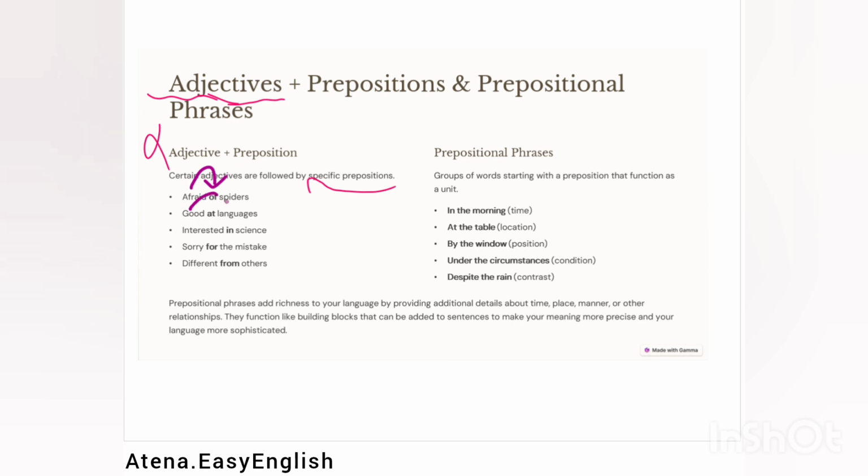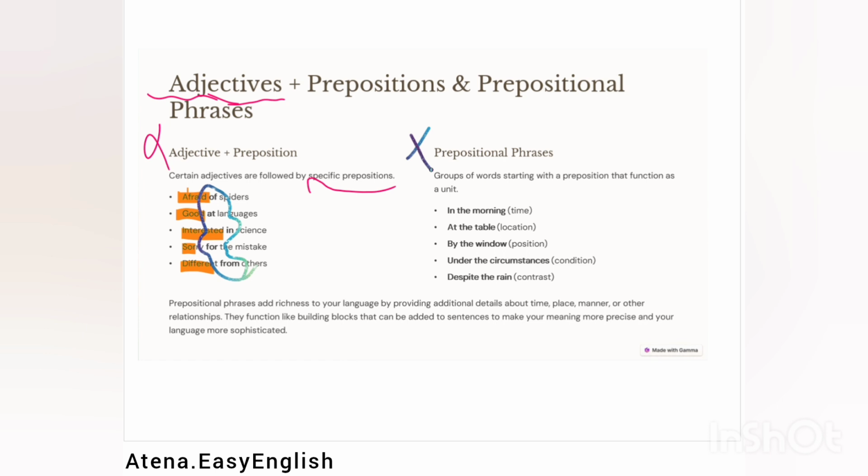Good at something. Good at language. Good at English. Interested in science. Sorry for the mistake. Different from others. So as you can see here, we have adjectives like afraid, good, interested, sorry, or different. And each of them has some specific prepositions.